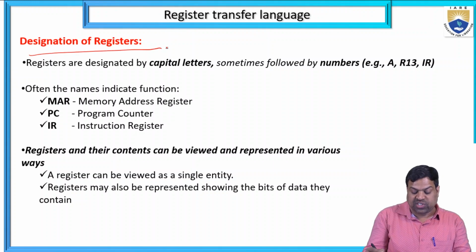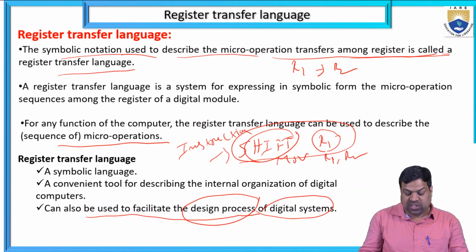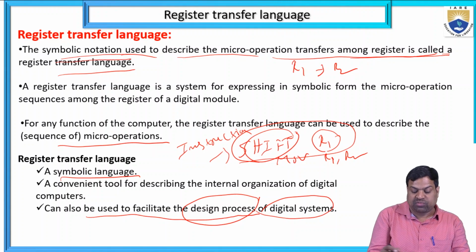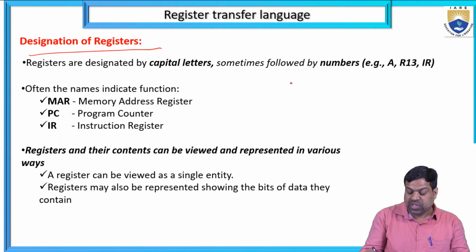So, designation of registers: how we are using the registers, how we are capitalizing, or how we are writing the symbolic notation of the registers. Here, suppose A is nothing but one type of register only. R13 is also one register. IR is also an instruction register.